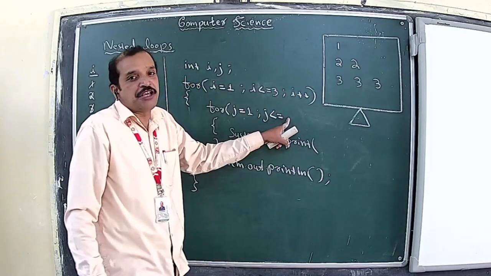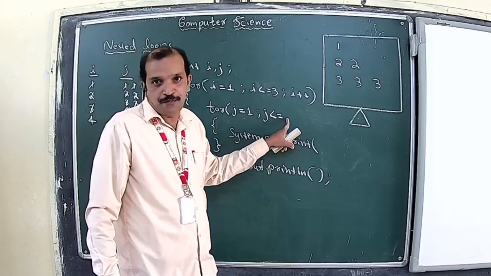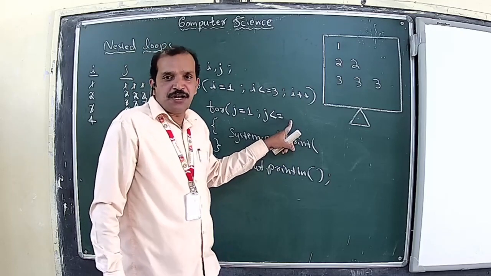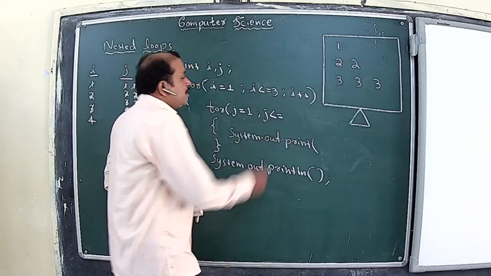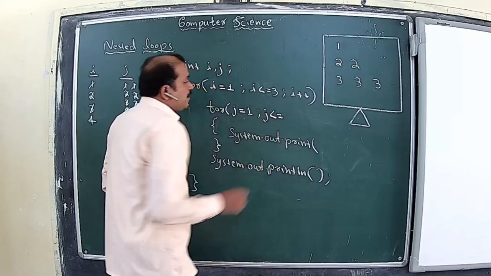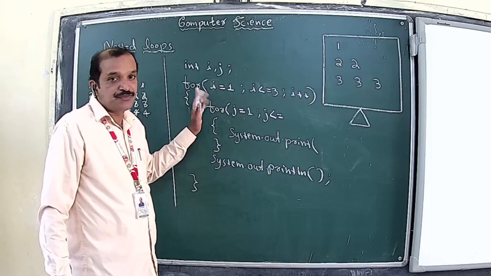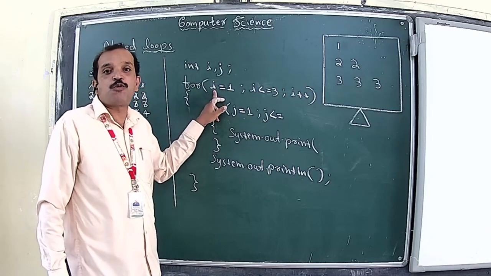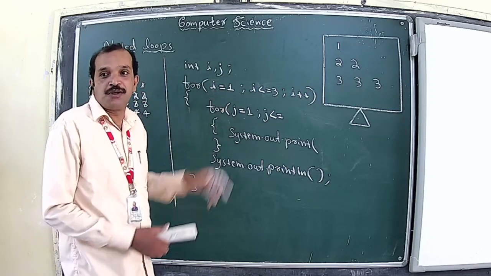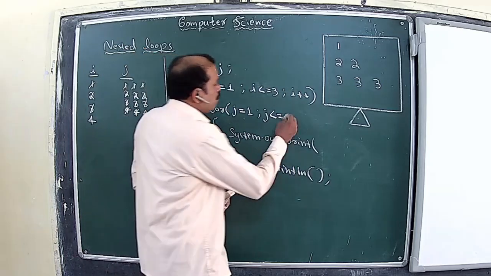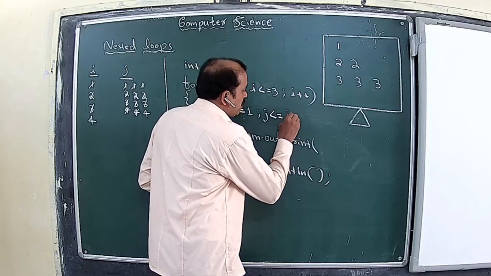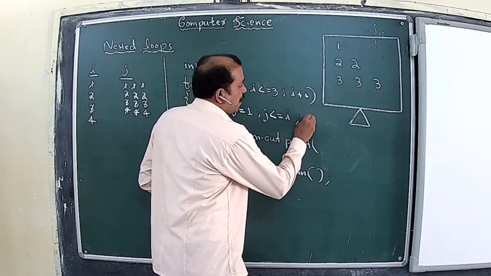Here we cannot put 3, we cannot even put 1, or even 2. We cannot put a fixed number here. Therefore, we will use a variable that changes, that is the variable responsible for the outer loop. All right. So j less than or equal to i, and j plus plus.